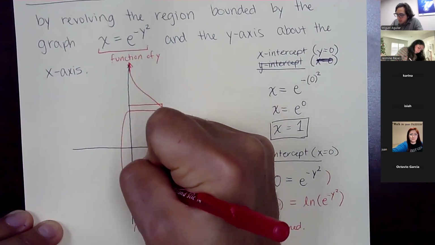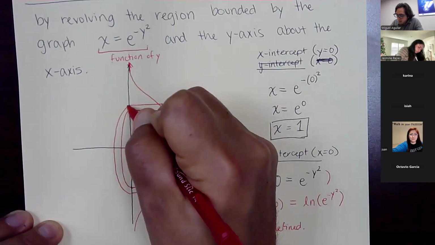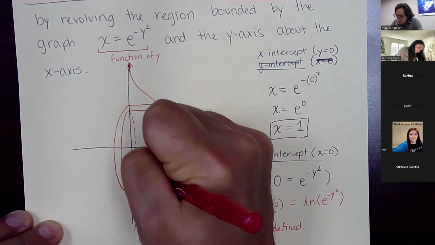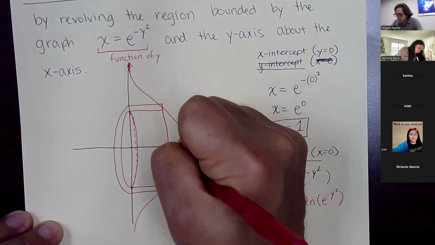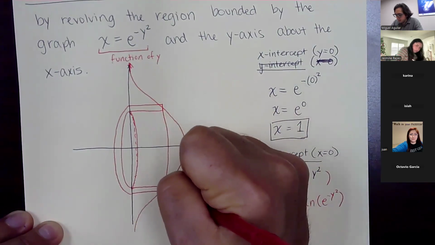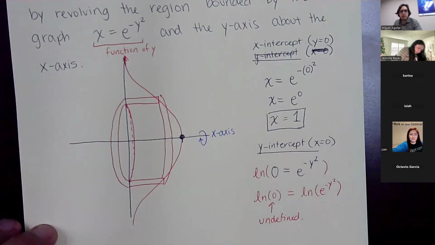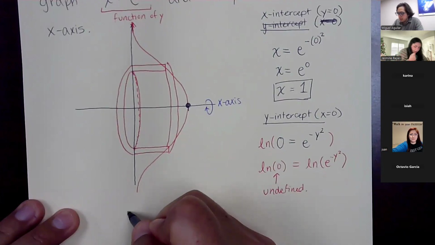So we would have something that looks like this, and then you can also connect these like so. Think of it like a cylinder that's laying on its side.